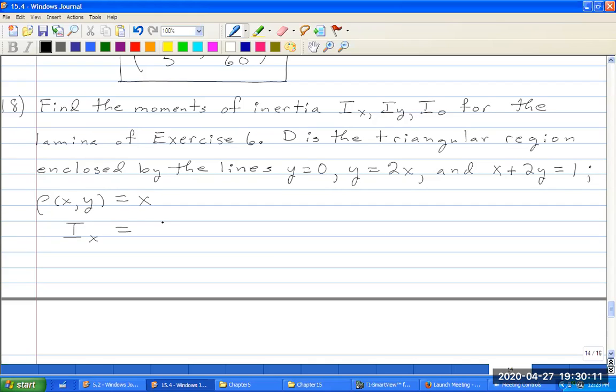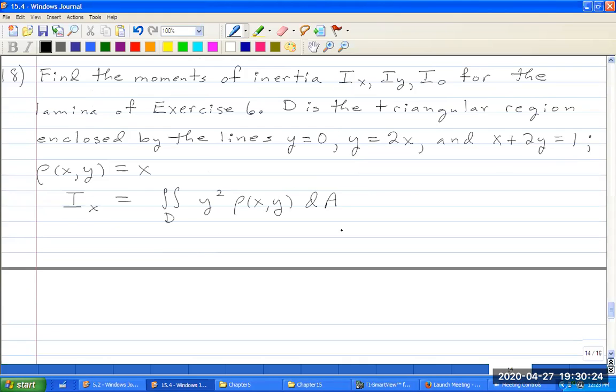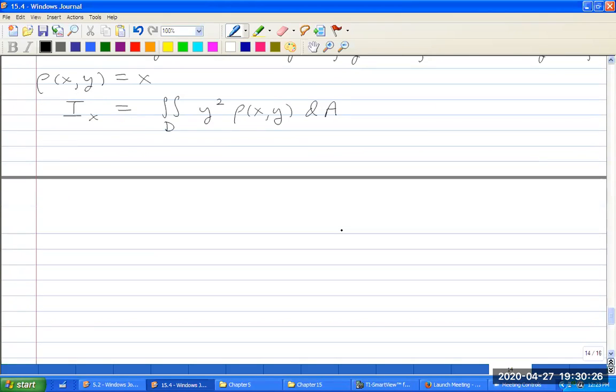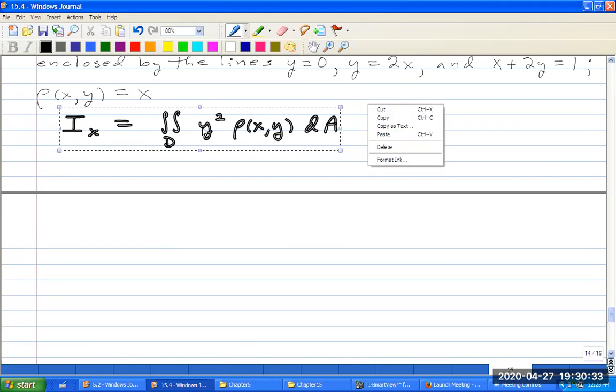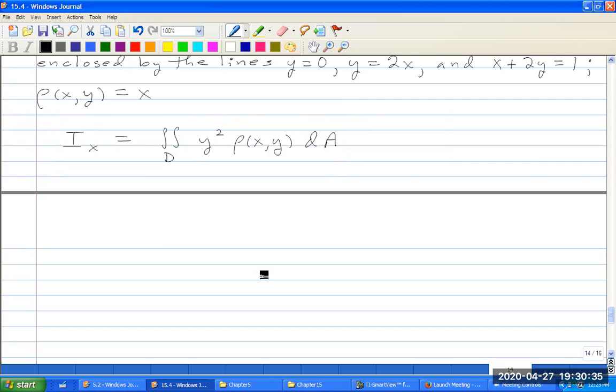This will just be the integral over the region D of y squared rho. So this is equal to, maybe I'll give one more line.